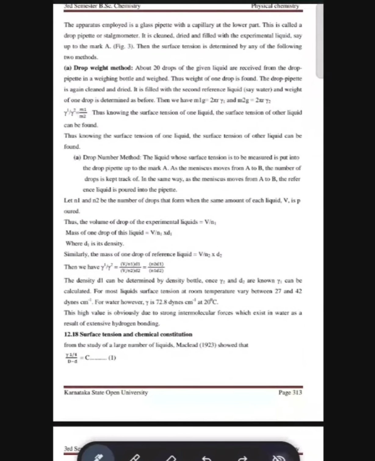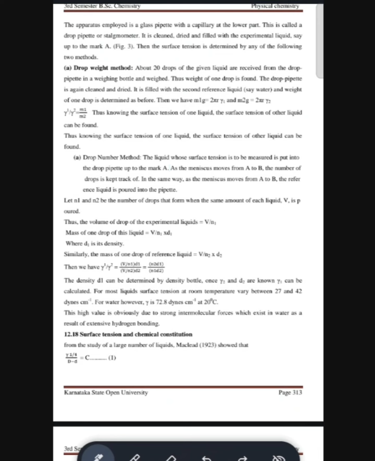So next is the drop weight method. About 20 drops of the given liquid are received from the drop pipette or weighing bottle and weighed. The drop pipette is again cleaned and dried, and 20 drops of water are also taken. Why are you taking water? To calibrate, as a standard.